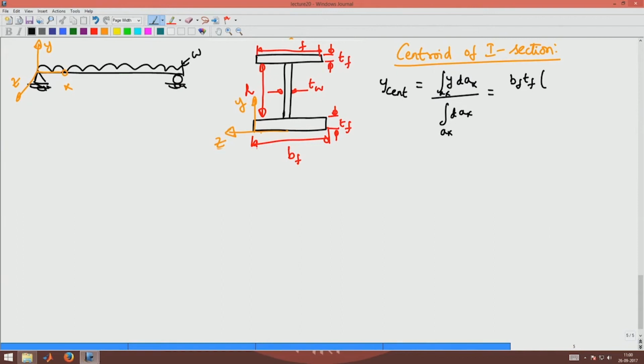I know that from the previous analysis for the centroid of a rectangular section.